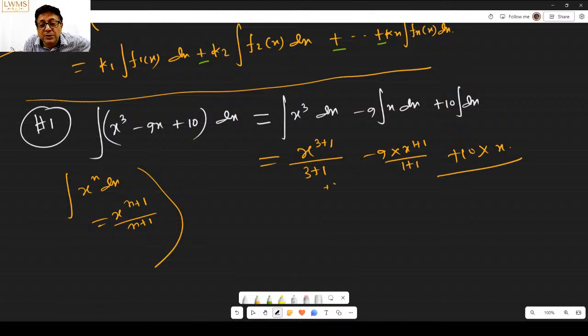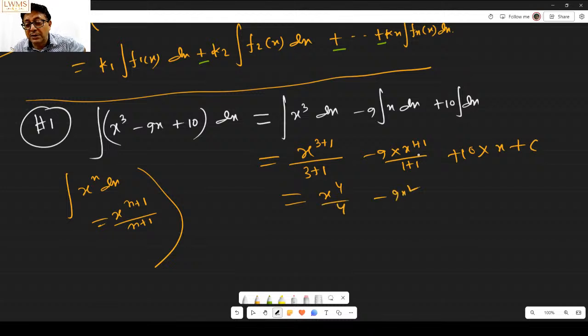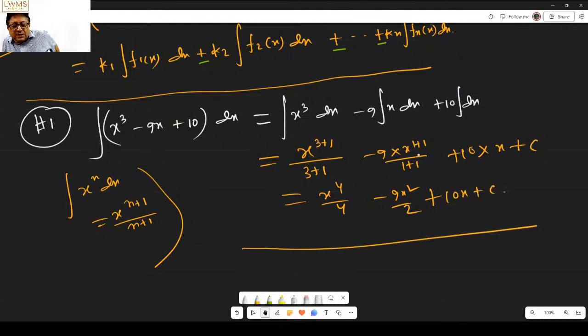So there will be integration constant here, integration constant there, integration constant over there also, but you do not add all these integration constants, because their sum will give you only one integration constant. So you write simply plus c. So x4 by 4, this is the answer to this integral. Okay?